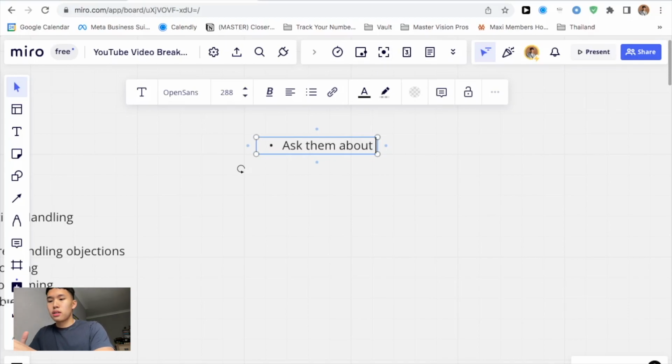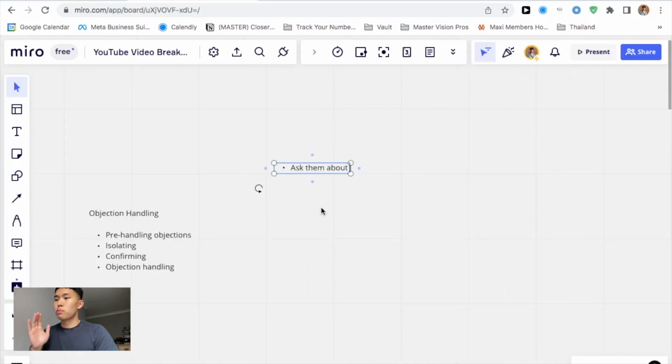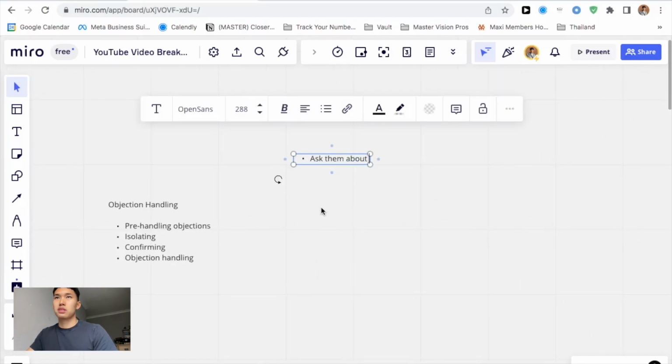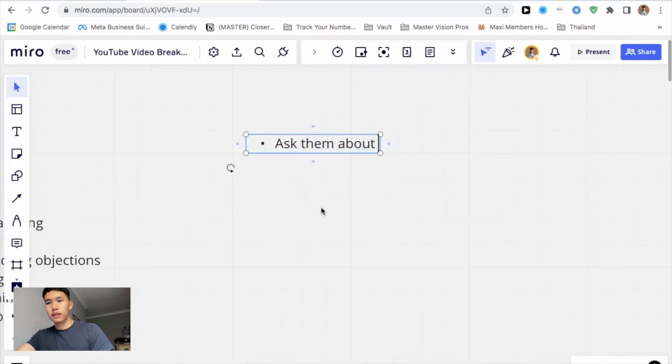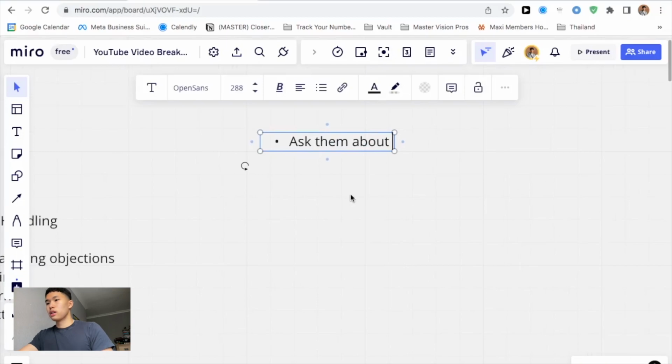That indirectly pre-handles the money objection, because if they say they've been working a 9 to 5 for a couple of years now, and they said earlier that they've got savings and it's a high paying job, then they can't really say no to the money objection. Unless for other reasons, which you can uncover.